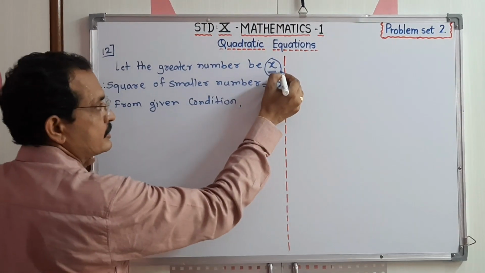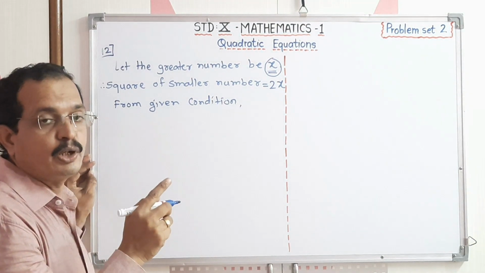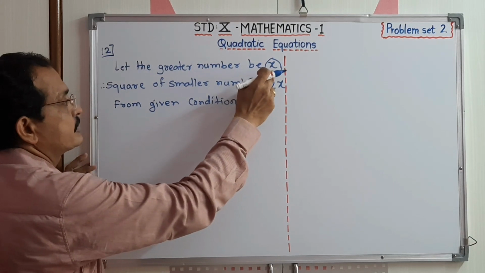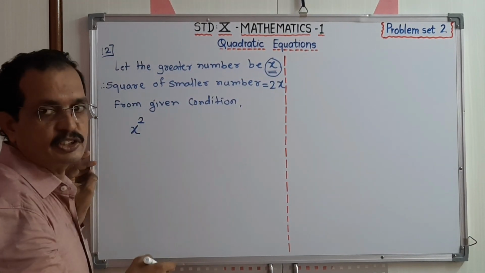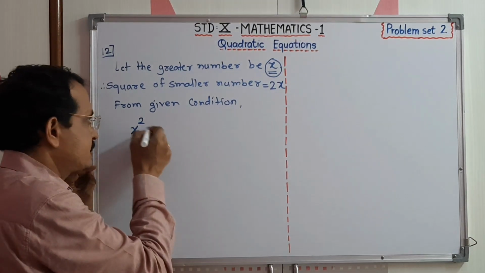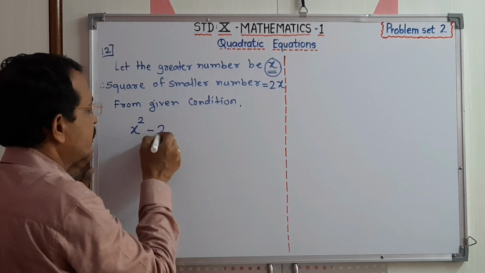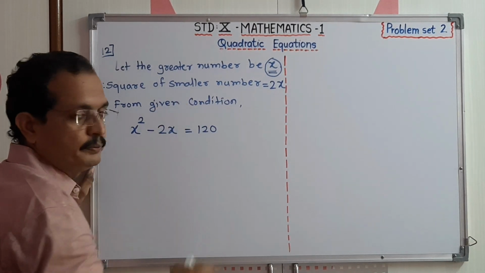Greater number is x. For difference we have to subtract the smaller from the greater. The greater number is x, but we have to take the square of that, x square, minus the square of the smaller number, it is 2x, and it is 120.